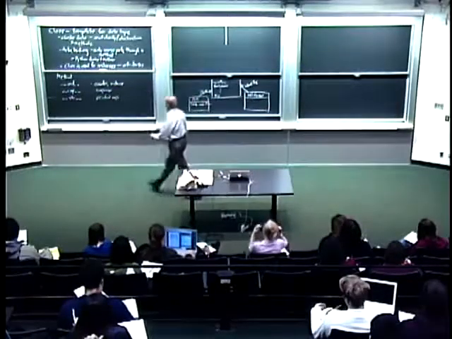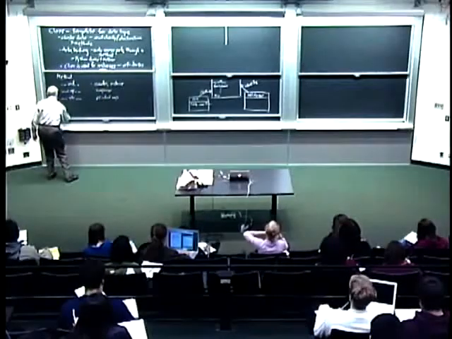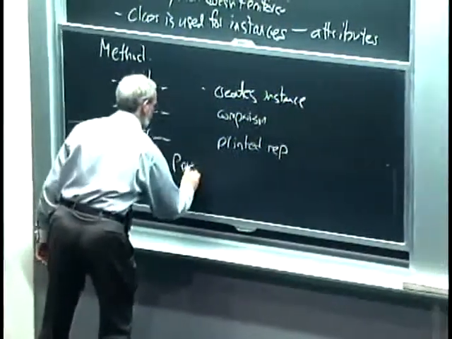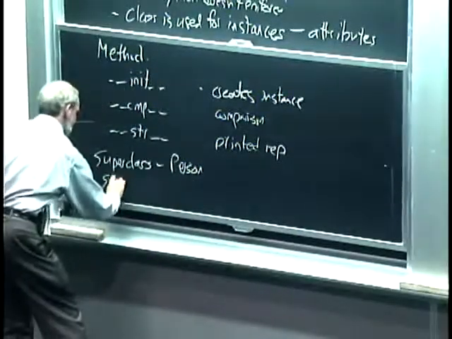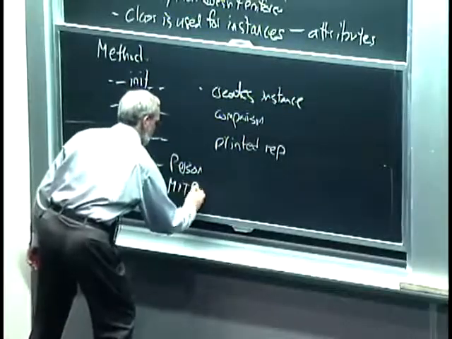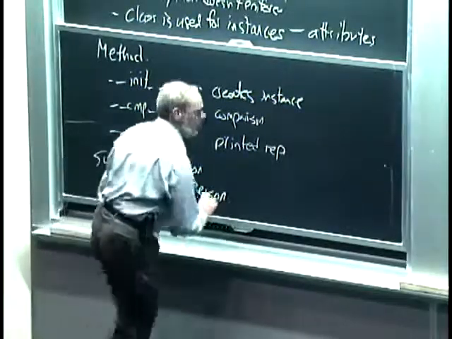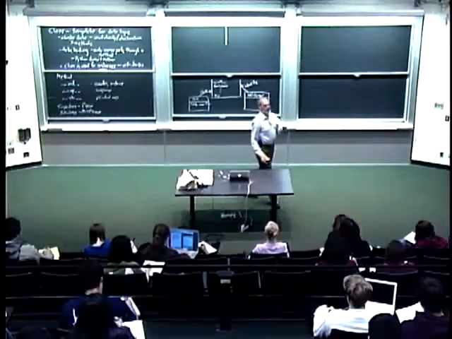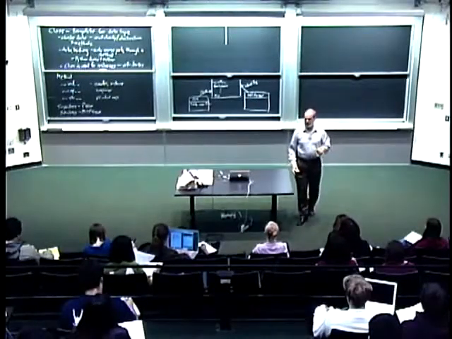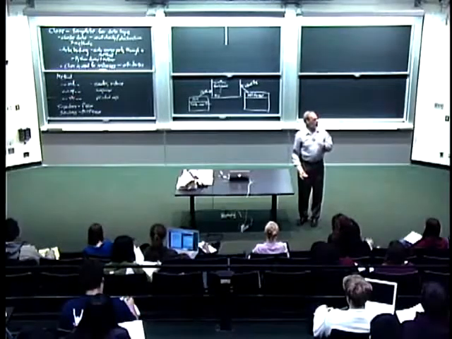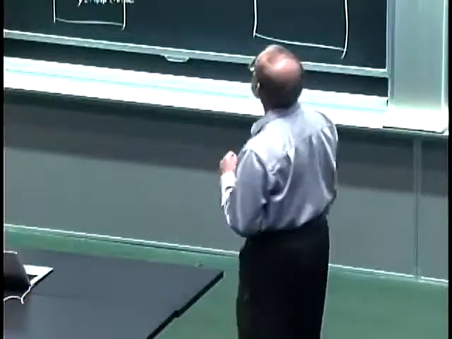Or another way of saying it is, we have a superclass. In this case, is person. And we have a subclass. In this case, it's MIT person. And we're going to walk through some examples, but what it says is that that subclass of MIT person can inherit the attributes of the person class. It can inherit the methods, it can inherit the variables of it.